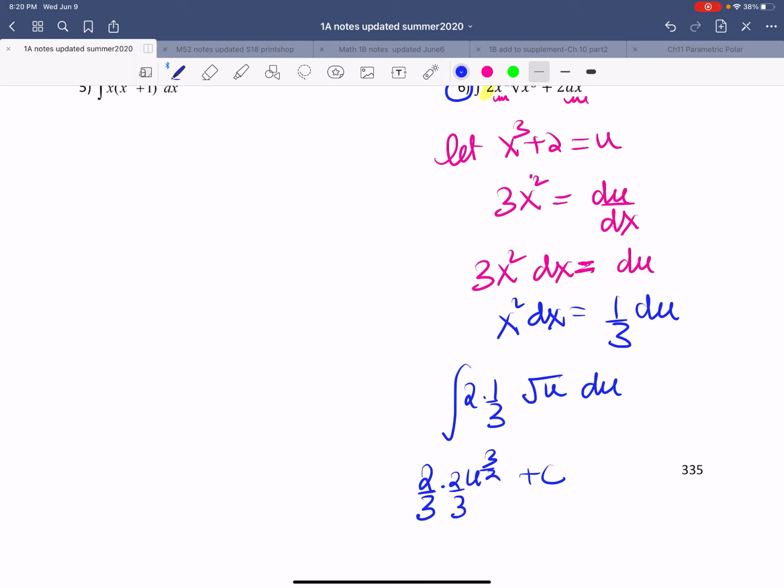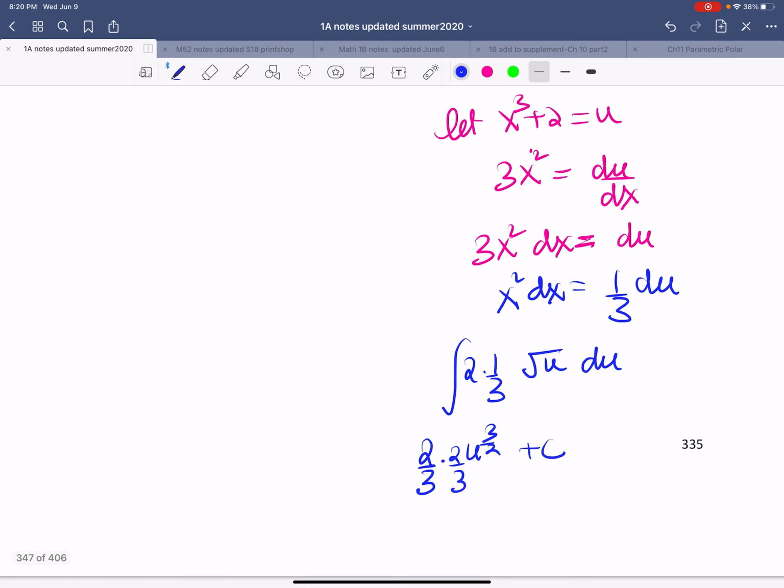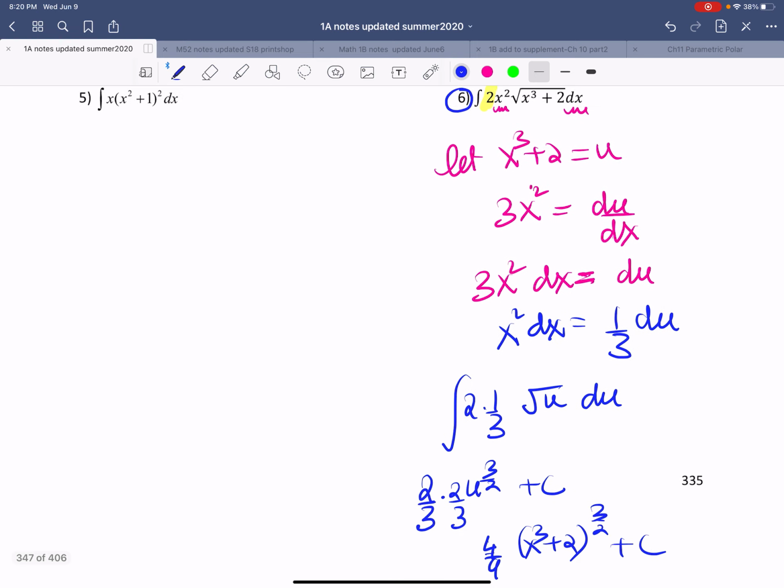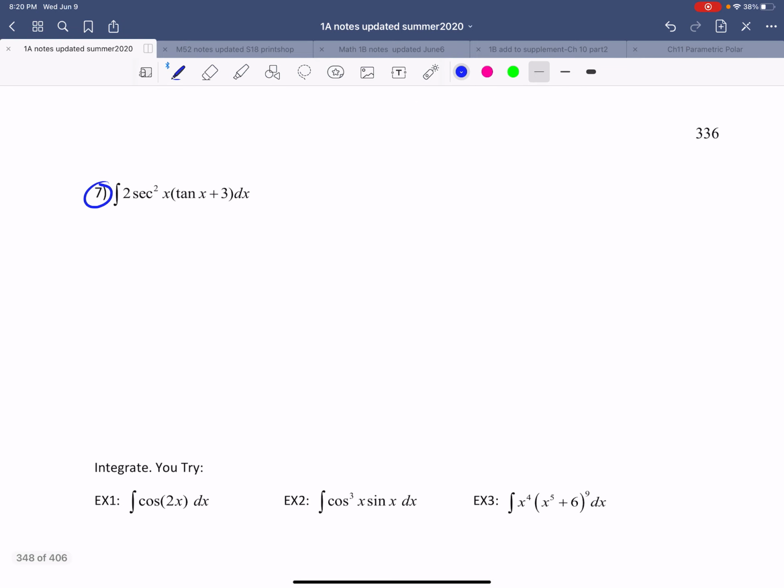And that's going to be 2/3 times 2/3, that would be 4 over 9. And instead of u, I'm going to replace it with whatever we called u in the beginning. U was x to the 3rd plus 2, so we have x to the 3rd plus 2, raised to the power 3/2, plus a c.